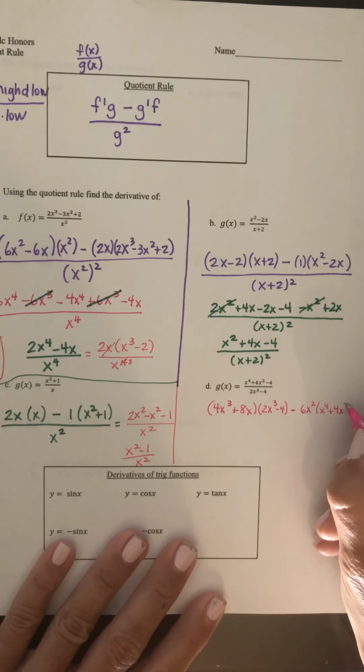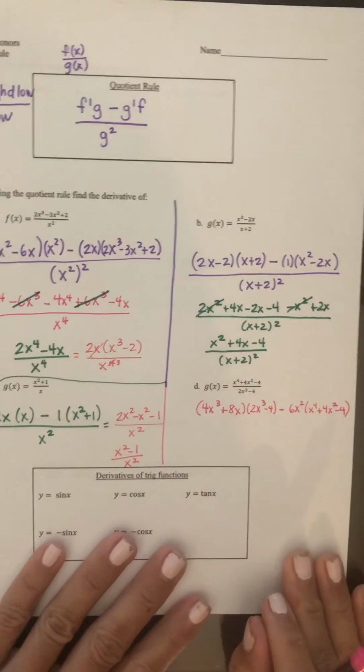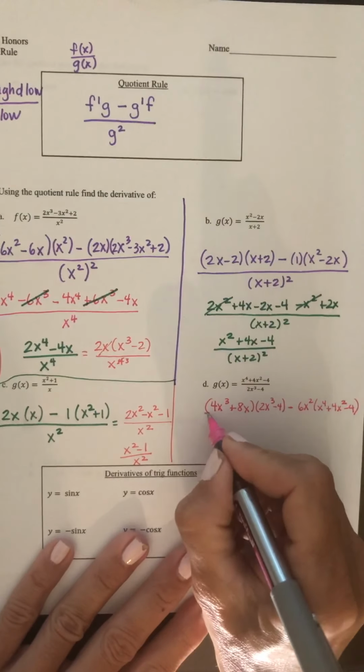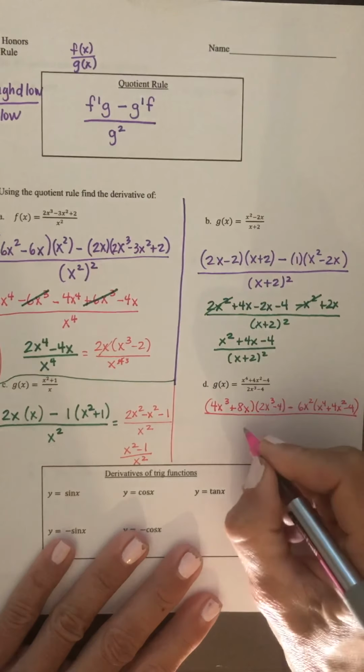So x to the fourth plus 4x squared minus 4. Is that all in there? And that's going to be over the bottom one squared.